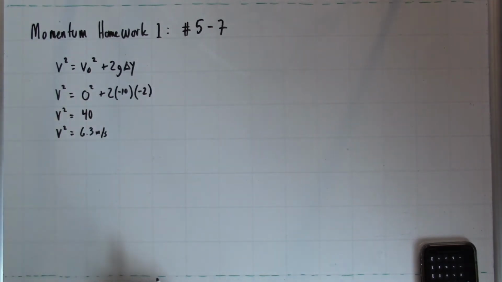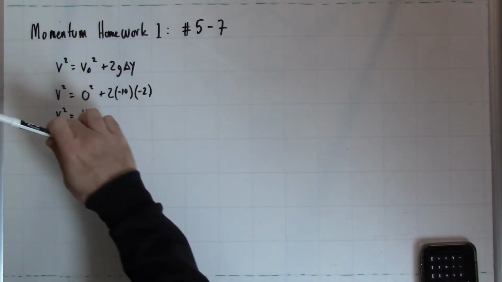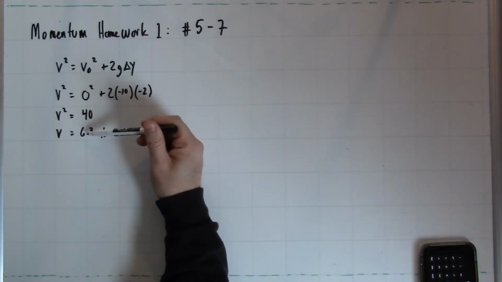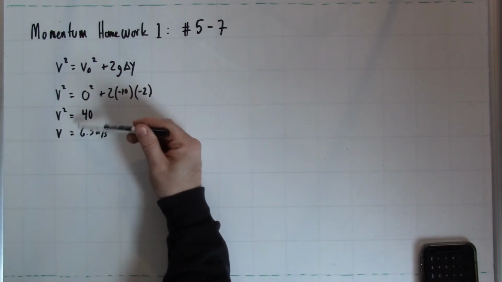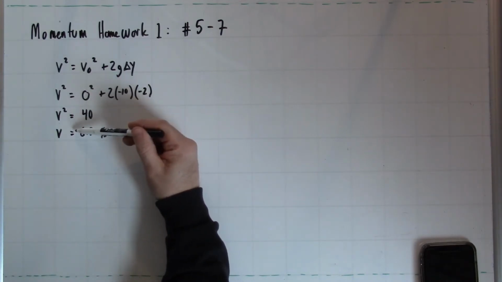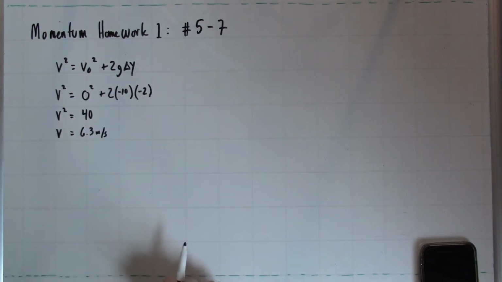Now, the idea here is that we know you have to square both sides. We know that this could actually be plus or minus, so we don't know the extent to which she's moving up or moving down. In our context, she's actually moving down. The velocity would be negative 6.3, but because we're just looking for the speed, we're going to go with 6.3.